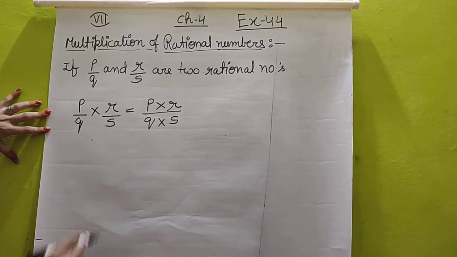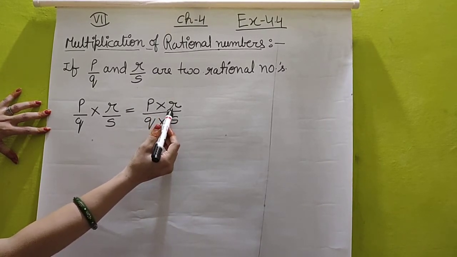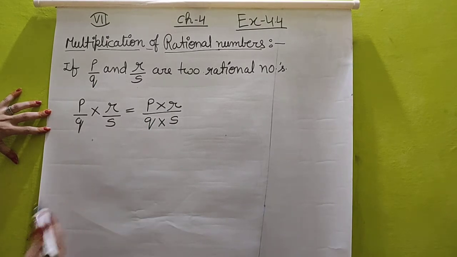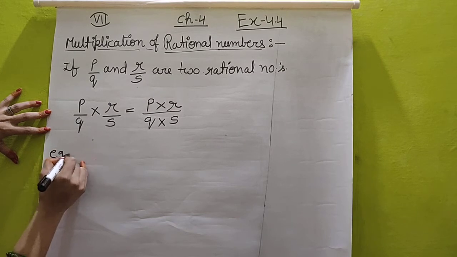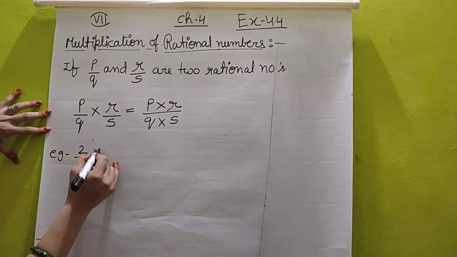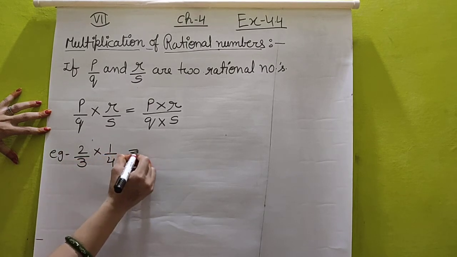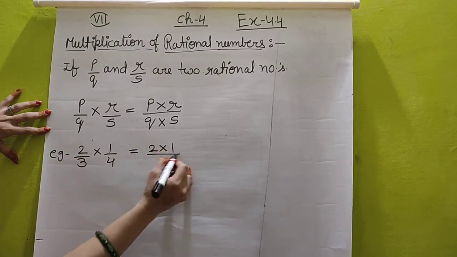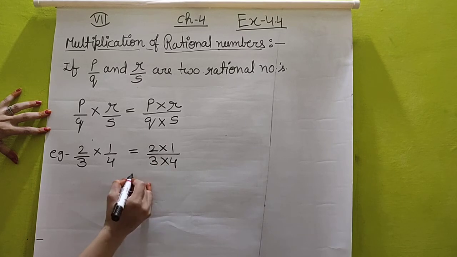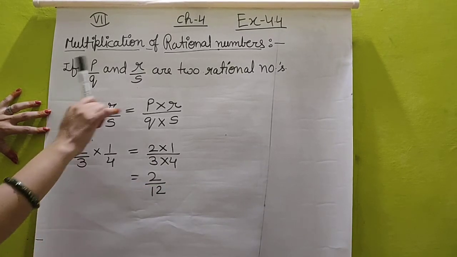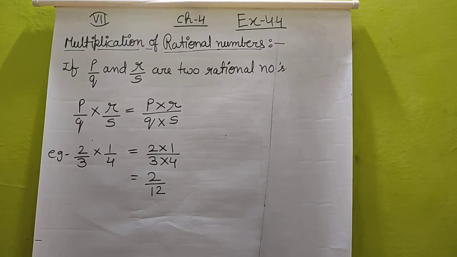You can also say product of numerators and product of denominators. Suppose for example you have taken 2 upon 3 multiply 1 upon 4. So it will be 2 multiply by 1 and 3 multiply by 4, and your answer will be 2 upon 12. Like this, students, you can do the multiplication of rational numbers.